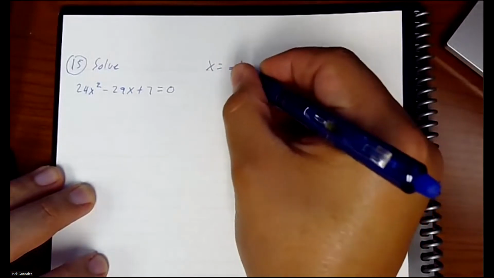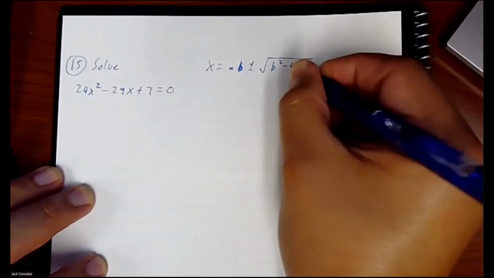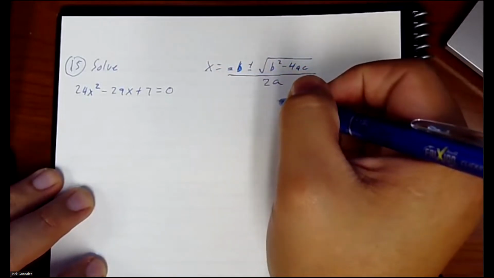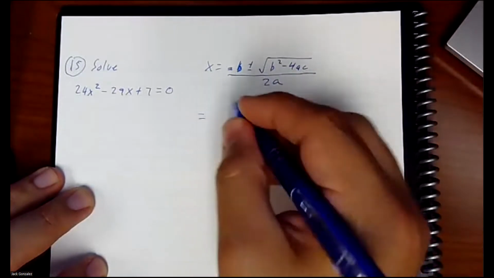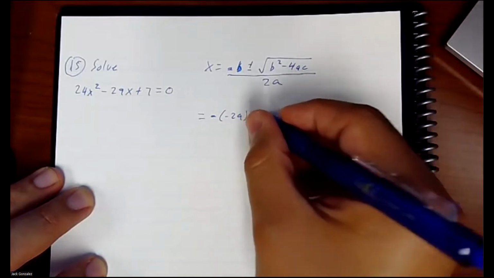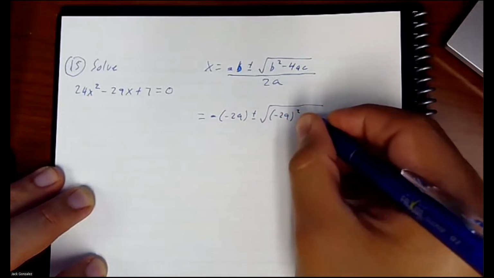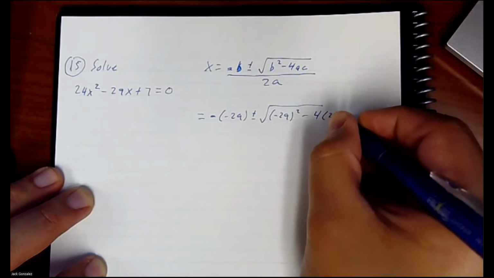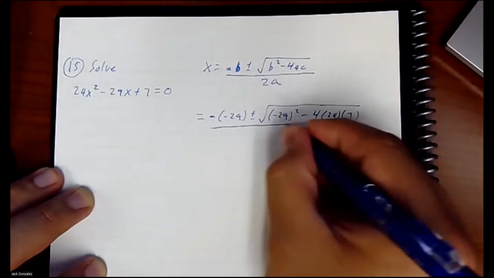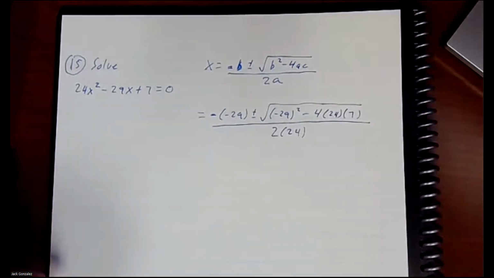Negative b plus or minus the square root of b squared minus 4ac over 2a. That'll be negative 29 plus or minus the square root of negative 29 squared minus 4 times 24 times c. All right, so just plug it all in, right?